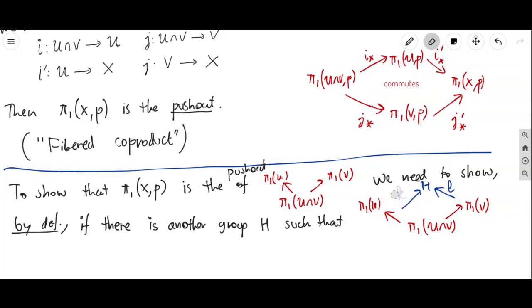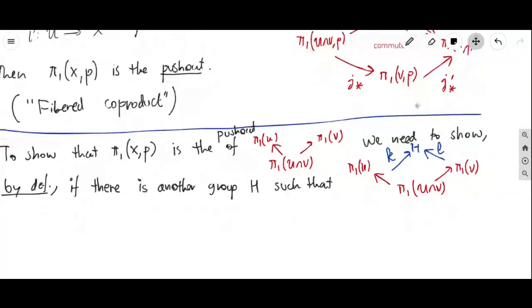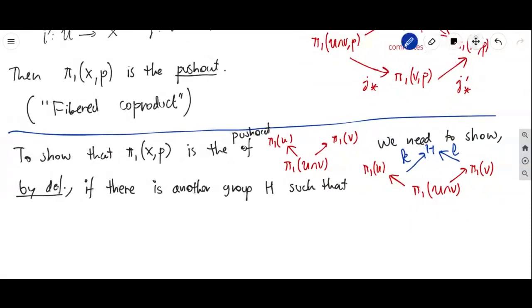So if there is another group through which you can push out the diagram, and K and L commute with this diagram, then there is a unique homomorphism.